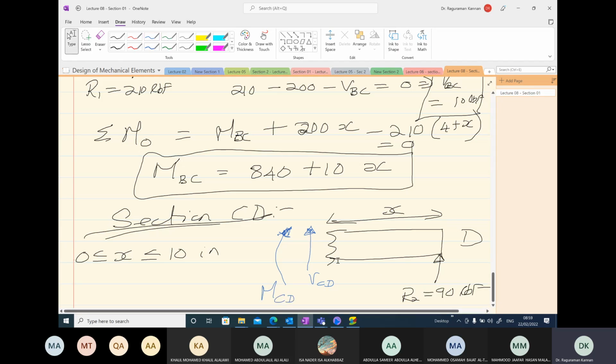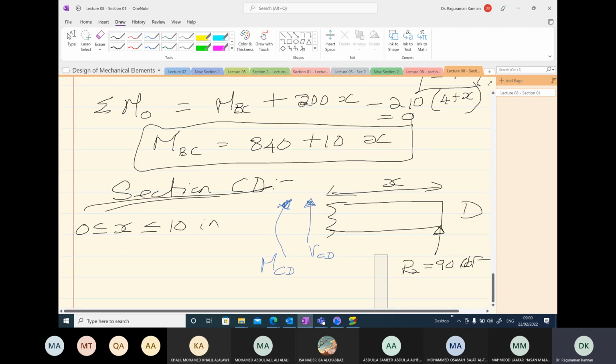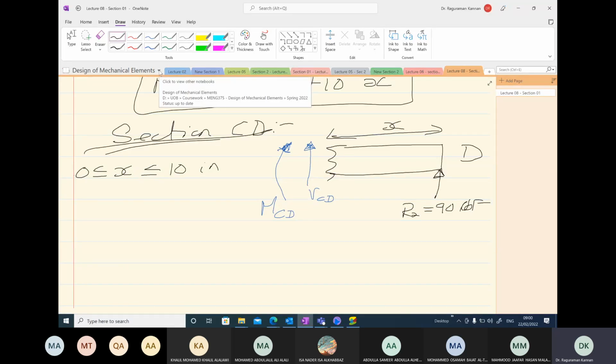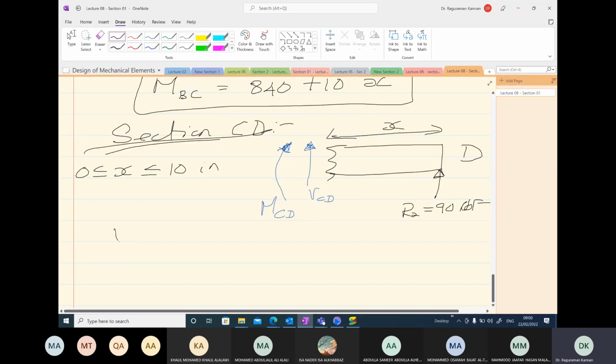So this is the positive direction. Now again we can write the equilibrium equations. Sum of the forces in the y direction, VCD is positive, plus 90 must be equal to 0. We get internal shear force is negative 90 pound force.